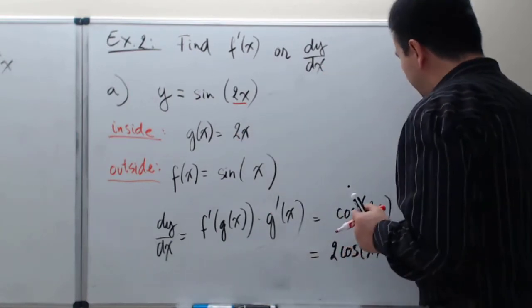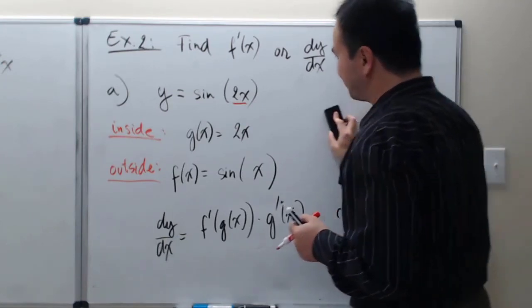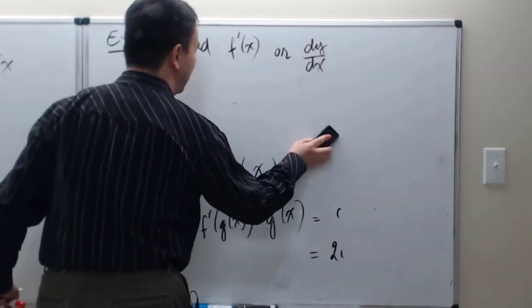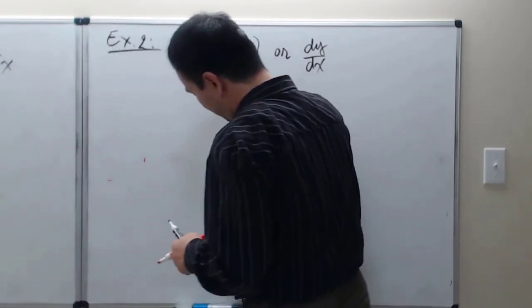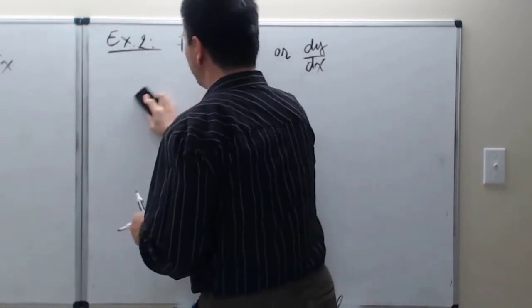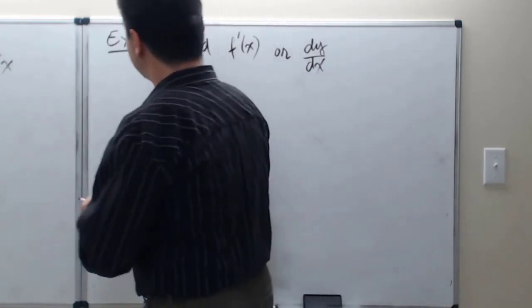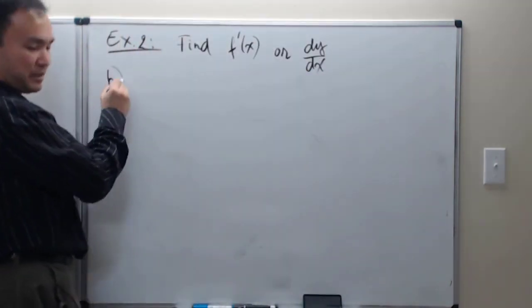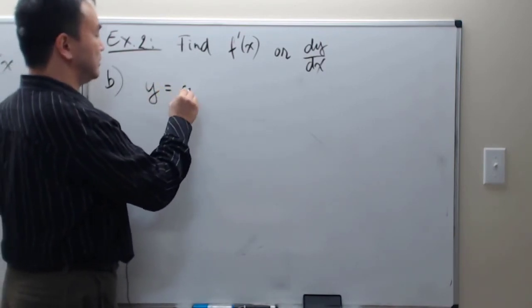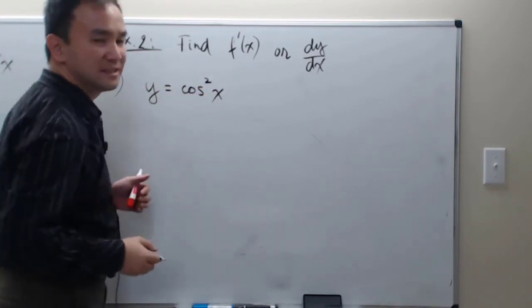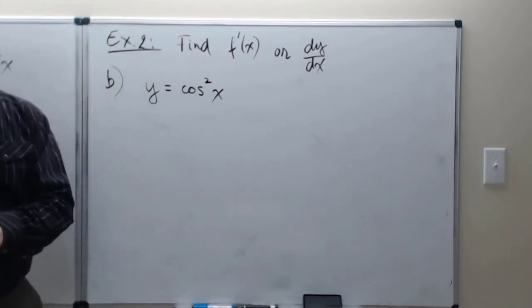All right, now I'm going to take some time erasing the board, and let's look at another problem in our example 2 here. How about y equals cosine squared of x?